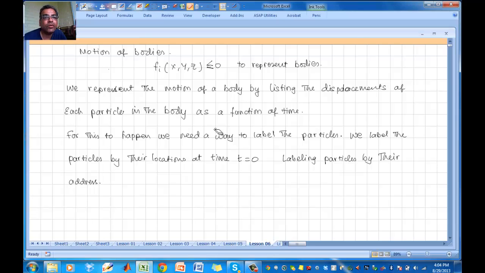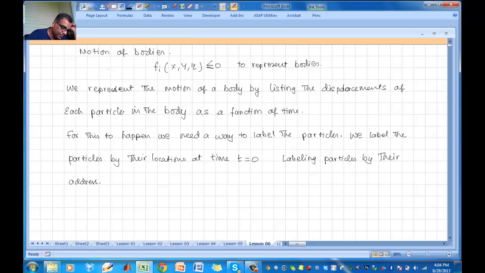You see what I mean? So I am labeling you based on where you are sitting. And then I can say move to 4th row 6th bench and so on. That move to is represented by a vector, which is called the displacement vector.